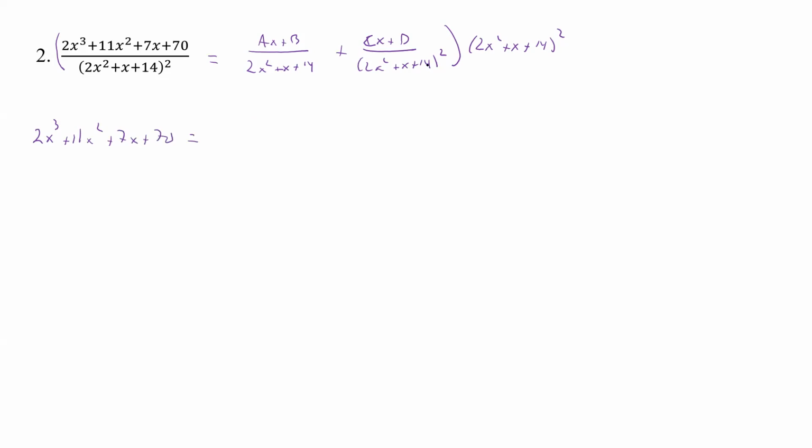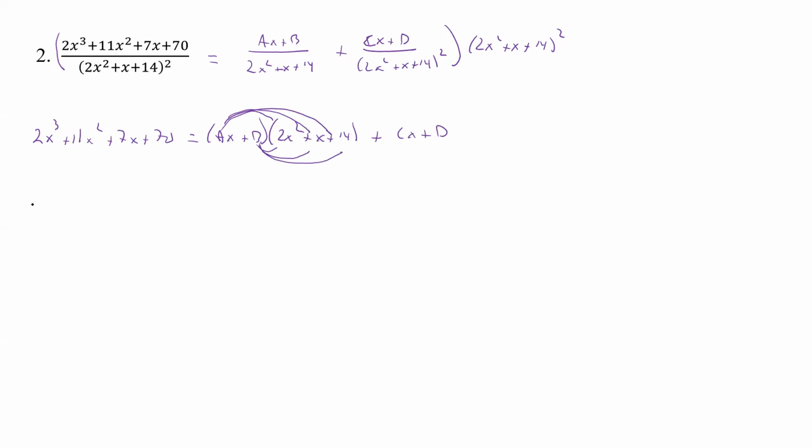Now one of these cancels one of those, so we get (ax + b) times (2x² + x + 14) plus, now all those cancel, so we just get cx + d. Now we have to distribute, again, a times everything on the first side, and then b times everything on the other side.